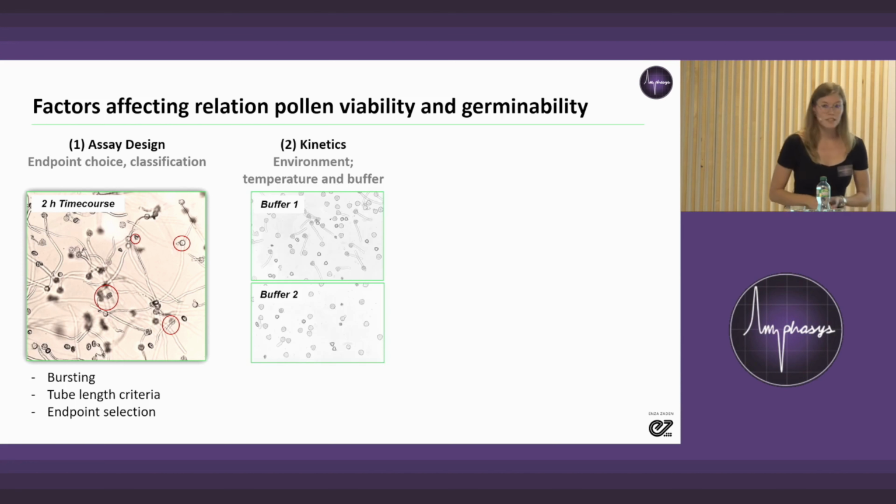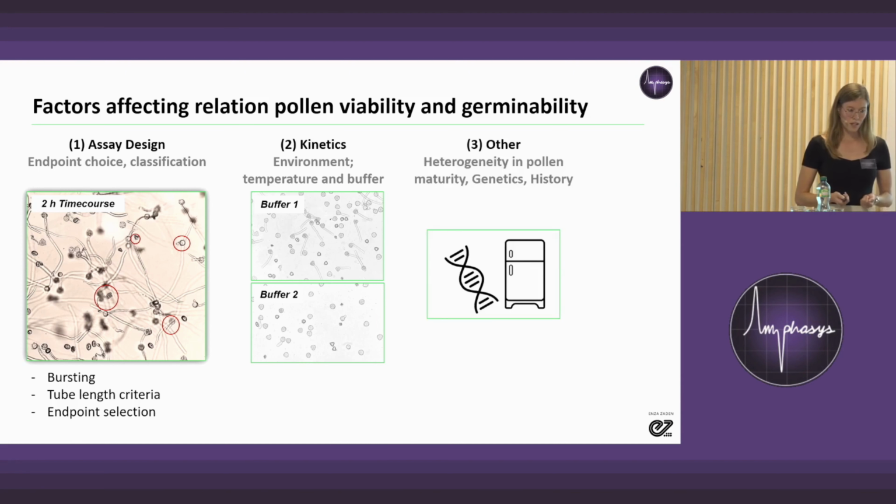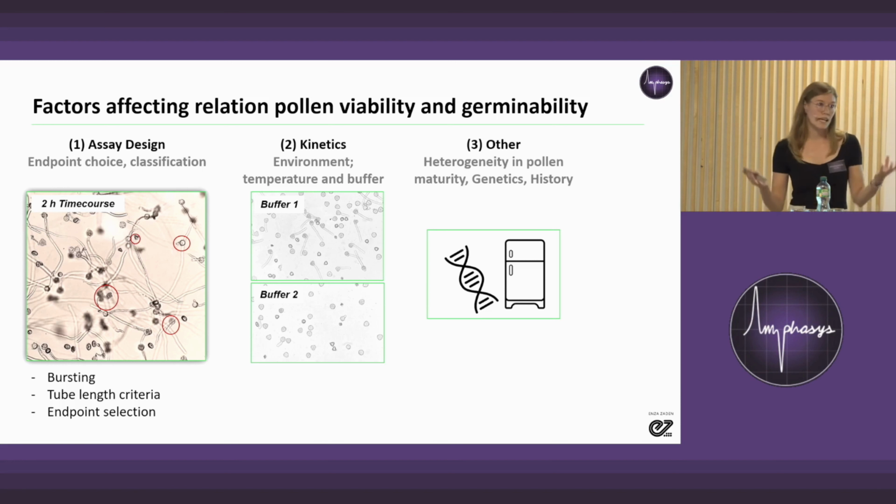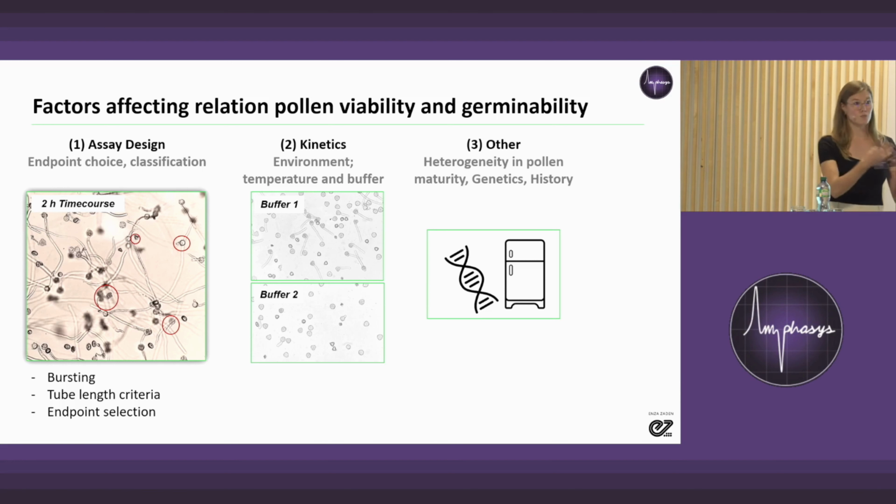In addition, the environment where the pollen is in, the temperature, but also the buffer ingredients and the osmolarity, as we saw before, all play a critical role in the amount of germination that you will see. And the third aspect, in our case, is that those pollen samples are a blend or a mix from multiple pollen collections, so there can be some differences in pollen maturity as well.